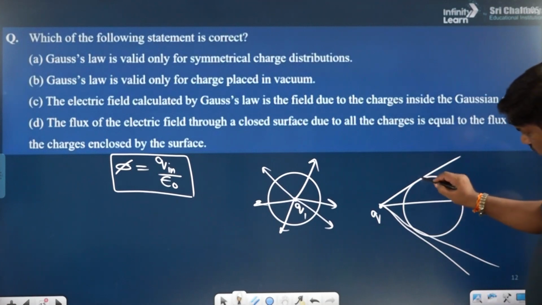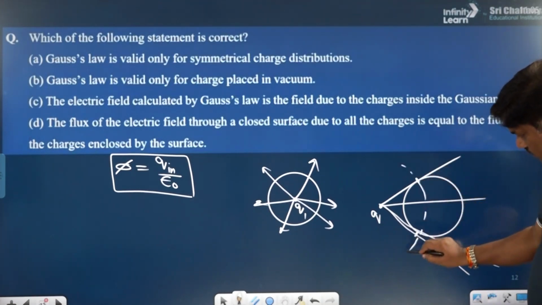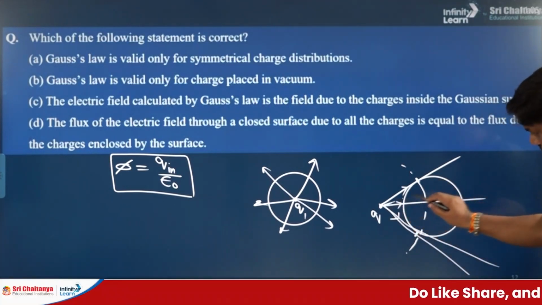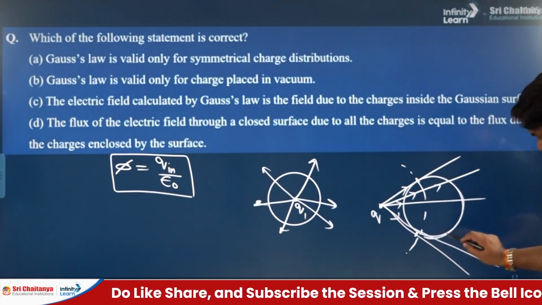But what will happen if you see through this portion of the sphere, there are some number of field lines entering, but the same number of field lines are then exiting from the remaining portion of the sphere.